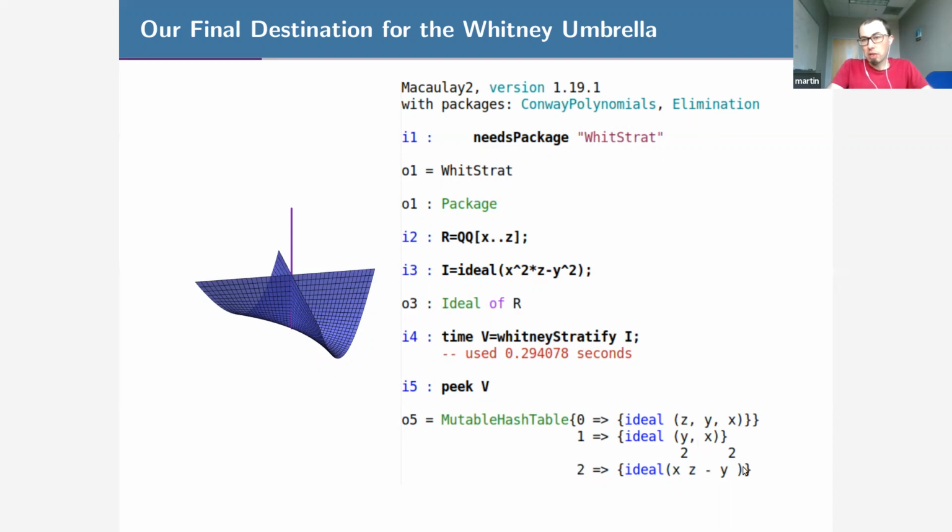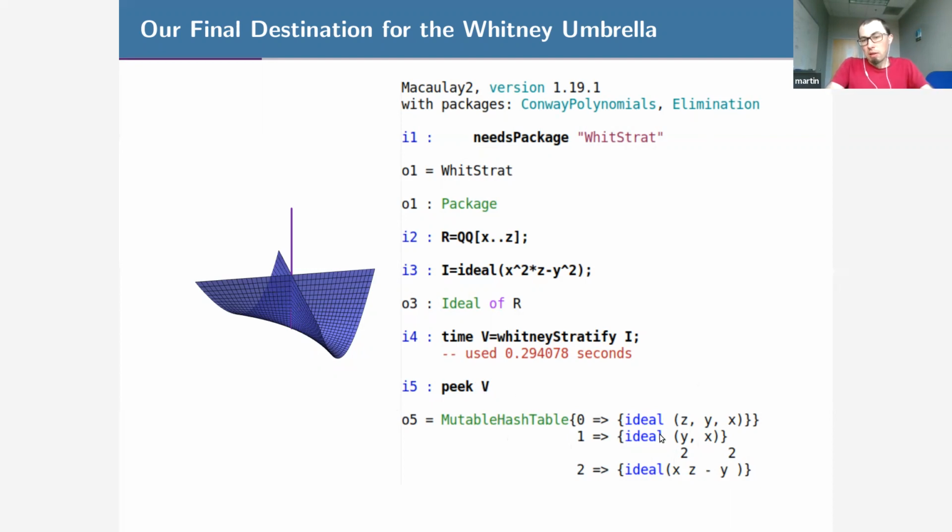What that means is that it'll give us the closed sets, not the open sets. So the two-dimensional strata is this whole Whitney umbrella minus the lower parts, right?